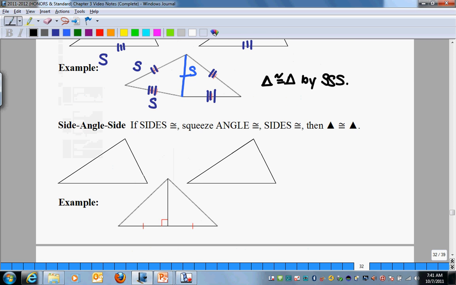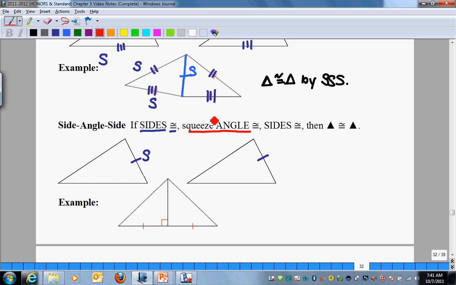The next shortcut says this. If you have a pair of sides which are congruent, so let's start by marking that, then you have a pair of what's called squeeze angles.